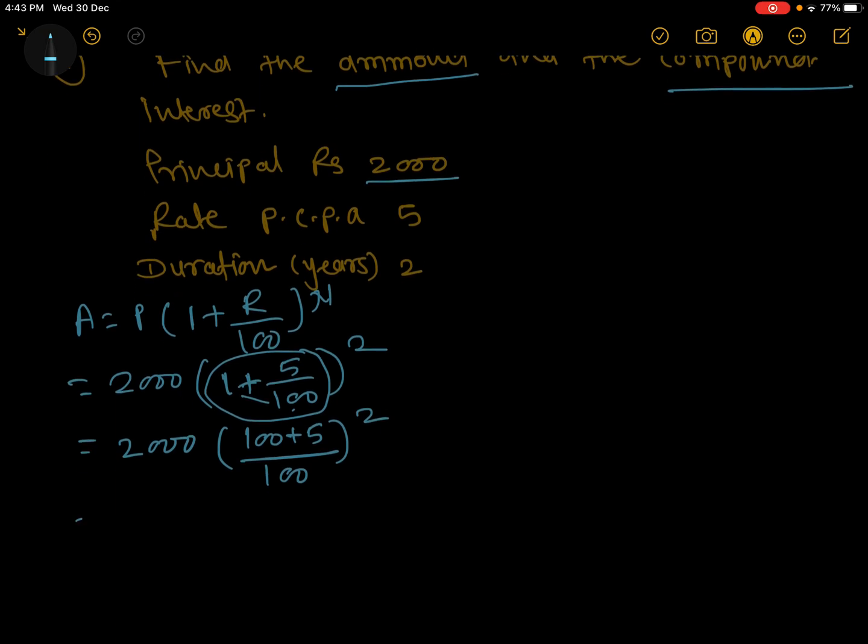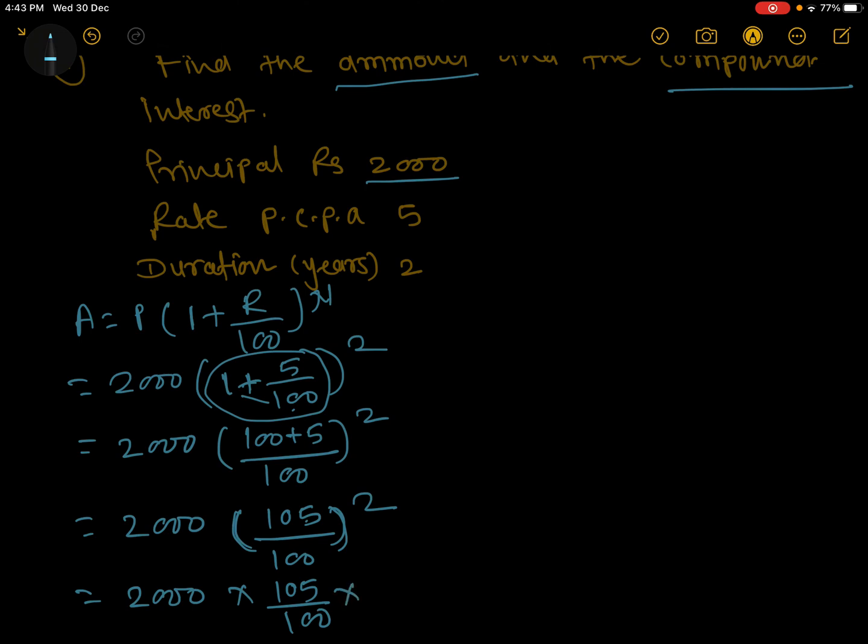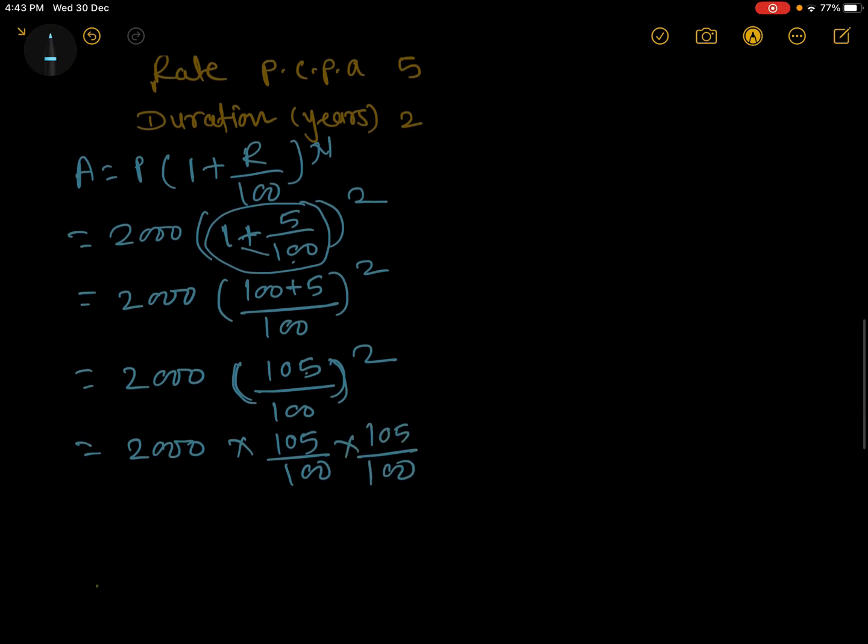Then we get the next step: 2000 into 105 upon 100 raised to 2. Then 2000 into bracket raised to 2 means 105 upon 100, 105 upon 100, 2 times, that means multiplication is 2 times.